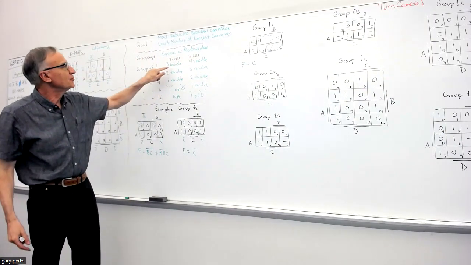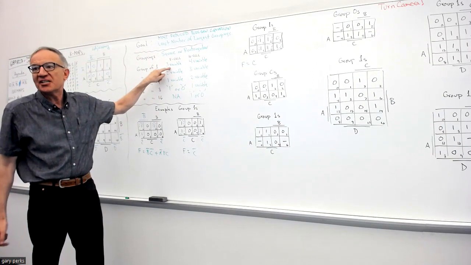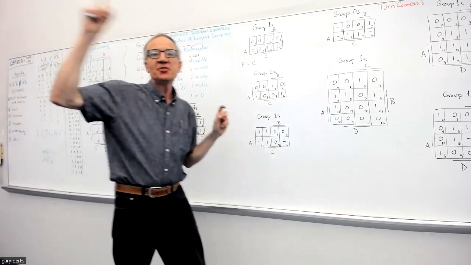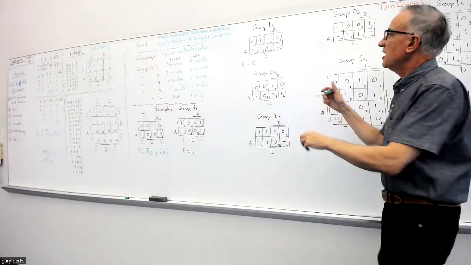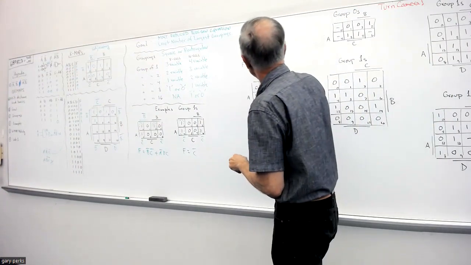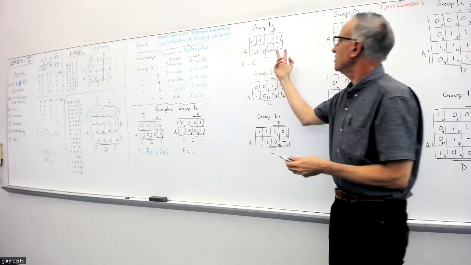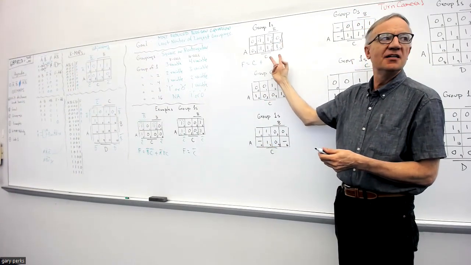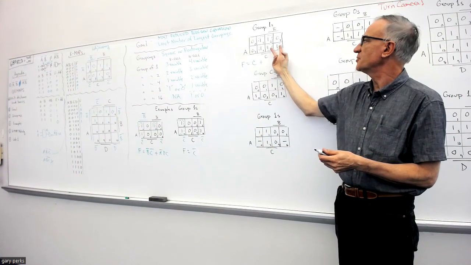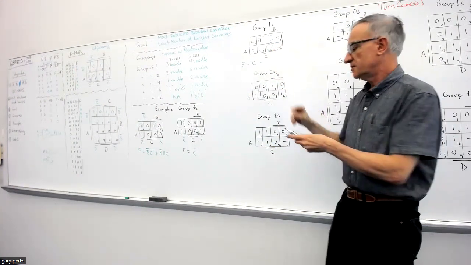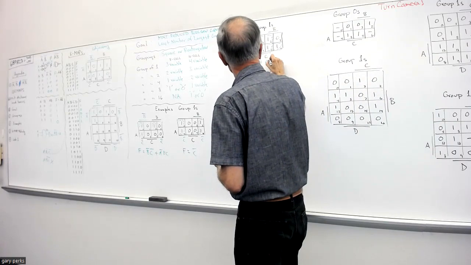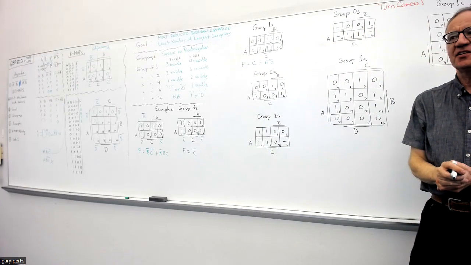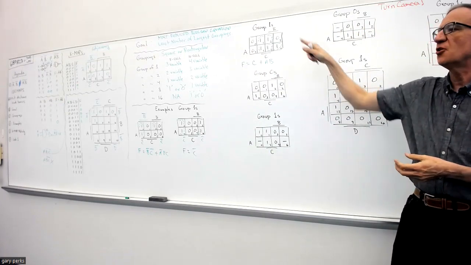If I did a single grouping, that would be a term with 3 variables, which is not as reduced, right? So groups can overlap. Okay, so this is going to give us a 2 variable term. So what's common to this 2 grouping? AB. AB? Okay, any questions on that one? The big thing on that, again, is you can overlap groups.